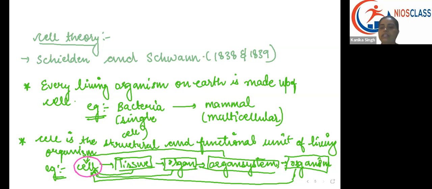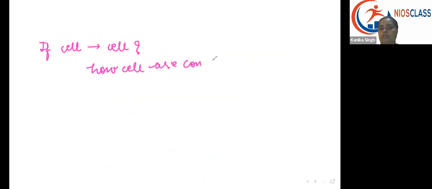Now the scientists asked: if a cell is there and forming other cells, then how are these cells coming, how are they forming?